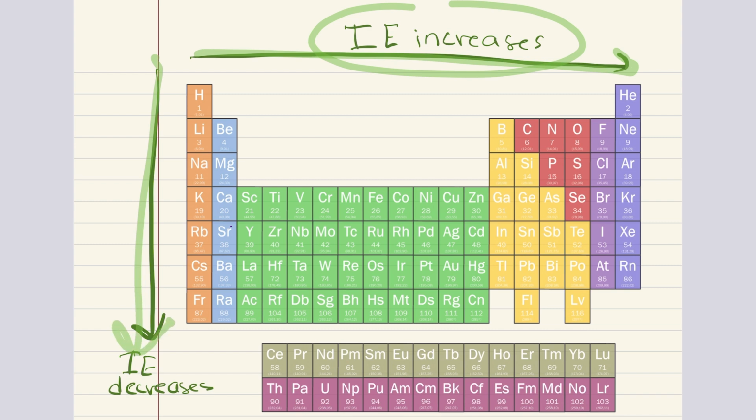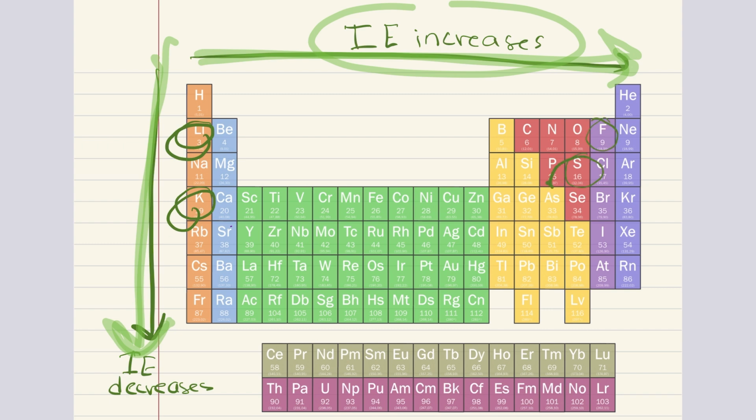This trend is due to increasing nuclear charge across a period, which pulls electrons closer, and increasing atomic size down a group, which weakens the hold on the outer electrons. Now, the four elements that we have as part of our answer choices are lithium, potassium, sulfur, and fluorine.